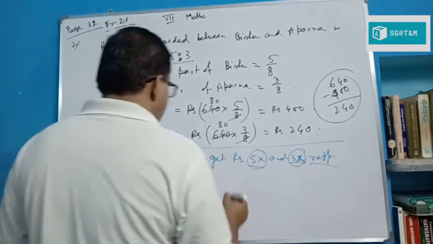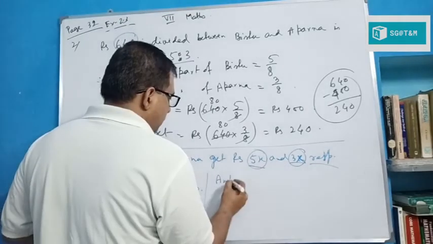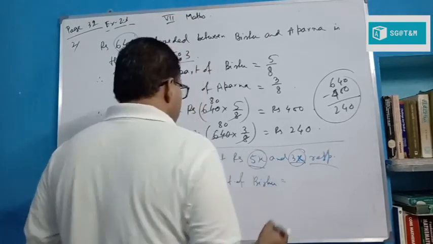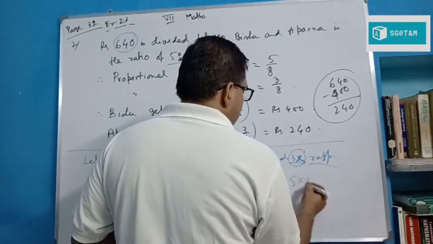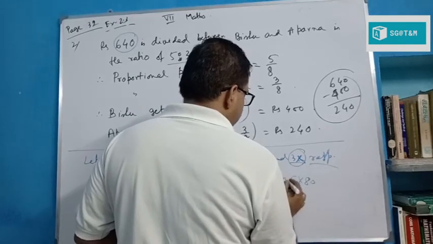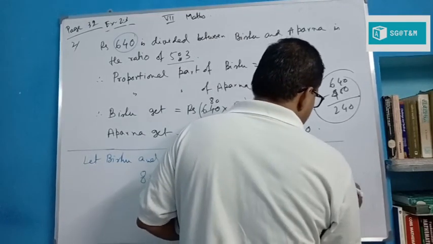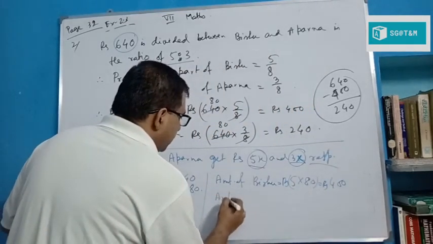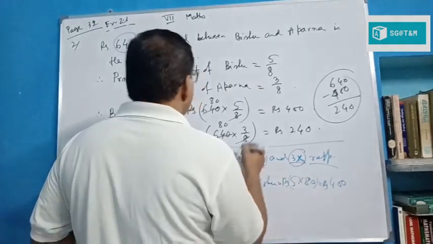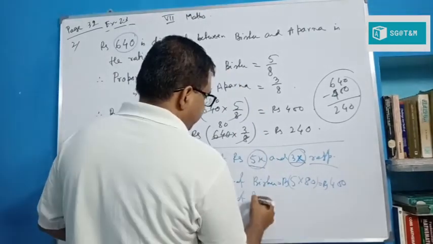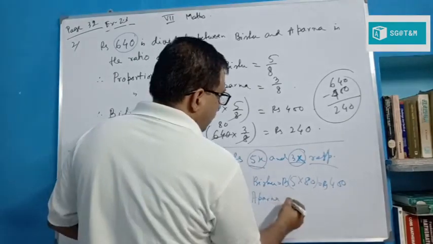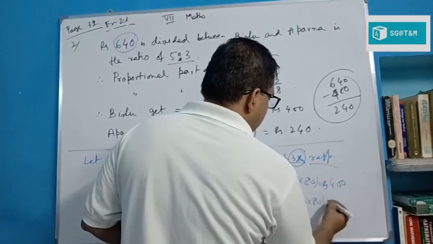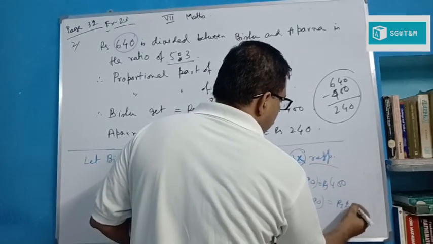So the amount of Bishu is 5 into 80, obviously rupees 400, and the amount of the other person, Aparna, is rupees 3 into 80, that means rupees 240.